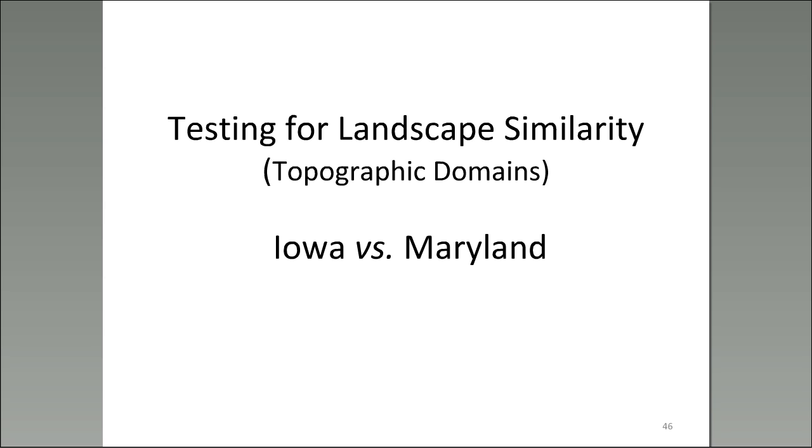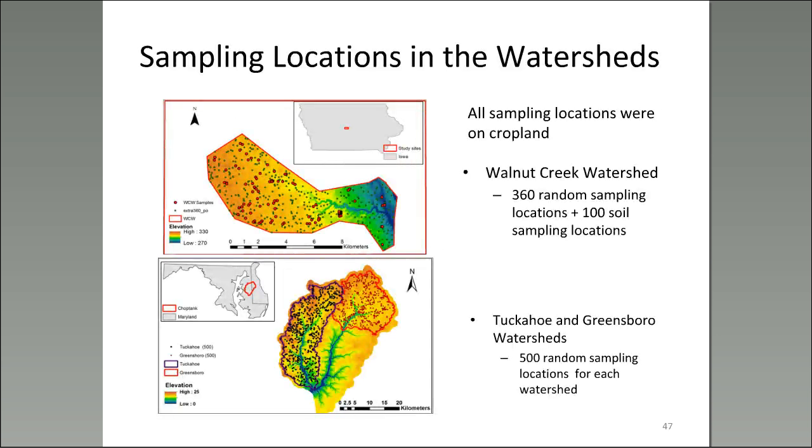So now we're on to testing for landscape similarity, or topographic domains. In this, I'm going to use Iowa data and also our Maryland data. So these are the two watersheds of interest.